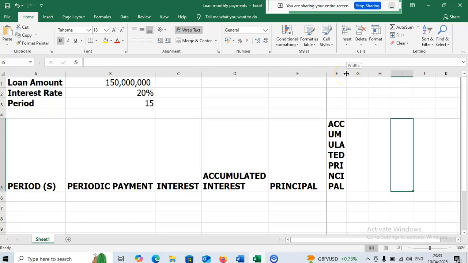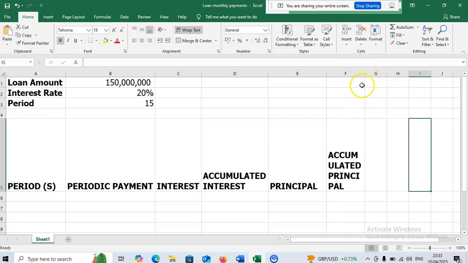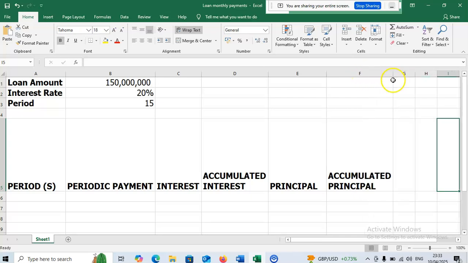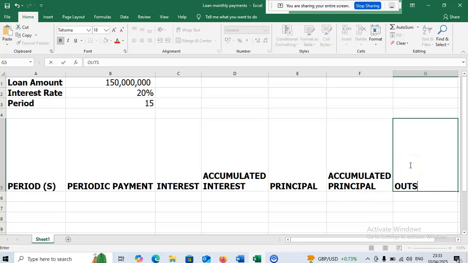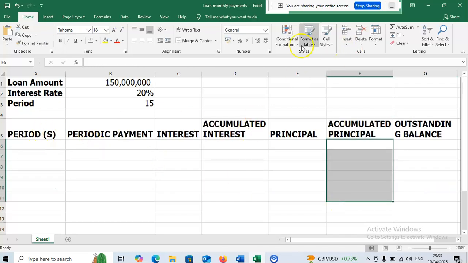Then lastly, we have the outstanding balance, or the remaining balance, what you're supposed to pay to recover that loan amount. That is what we call outstanding balance. Okay, so that is our template.